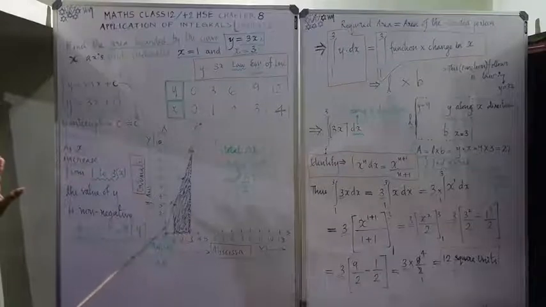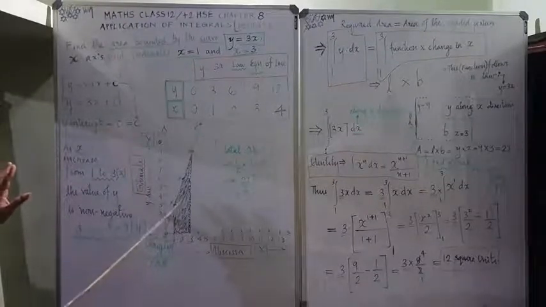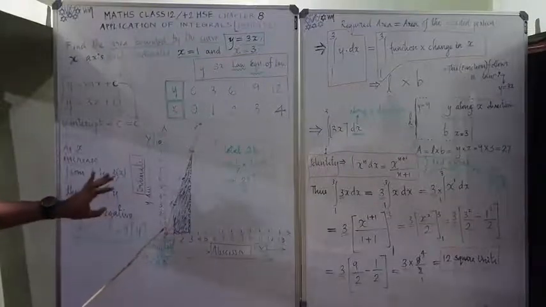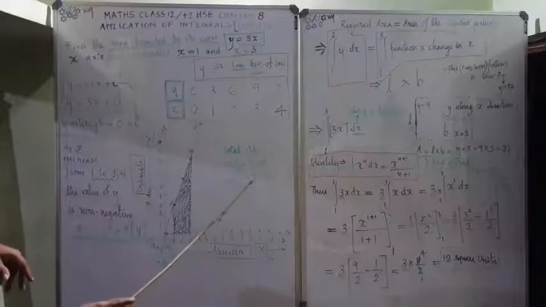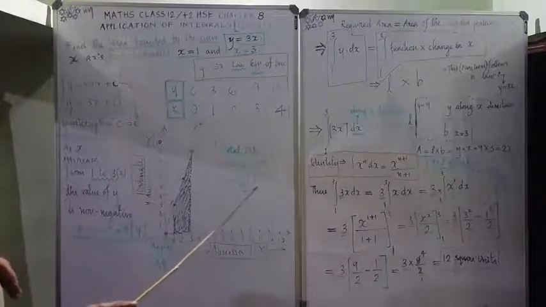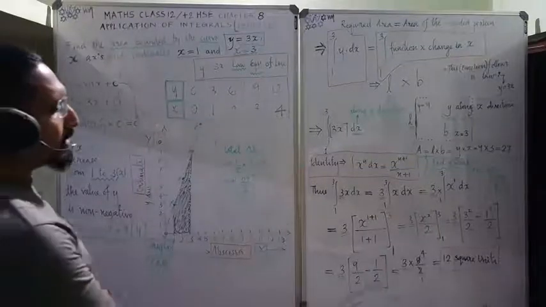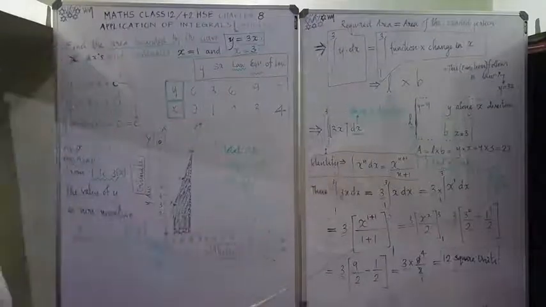The big triangle area is 27 by 2 and the small triangle area is half into 1 into 3, that is 3 by 2. So 27 by 2 minus 3 by 2 is equal to 24 by 2, which is 12. That means 12 square units is what we should get by the integration process.